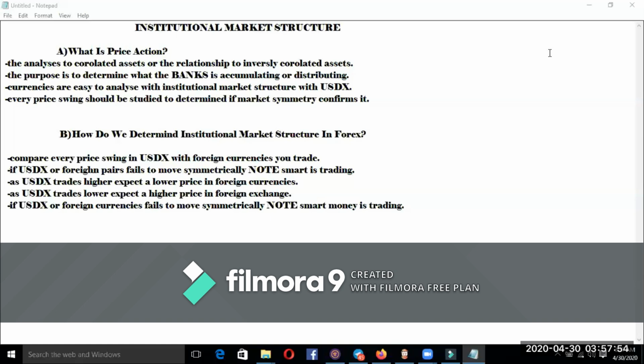As the US dollar index trades lower, expect a higher price in foreign exchange and vice versa. That's what we mean by market symmetry.